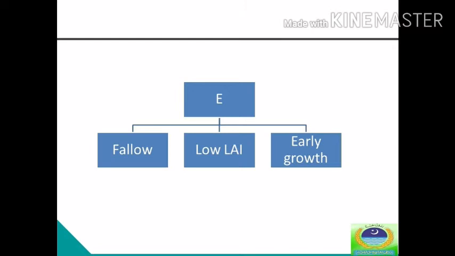So evaporative losses are high in bare soil or fallow land during the early part of growth when leaf area index is low because ground cover is incomplete, and therefore it is an important crop management practice to increase ground cover as early as possible.